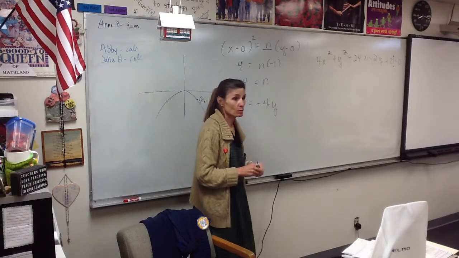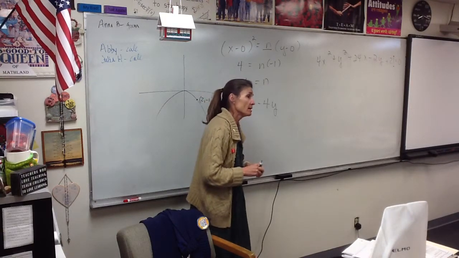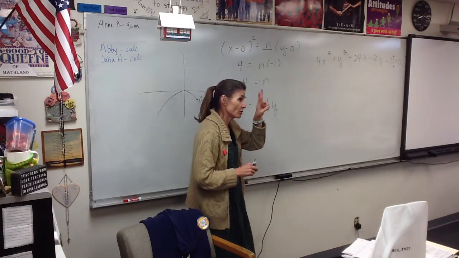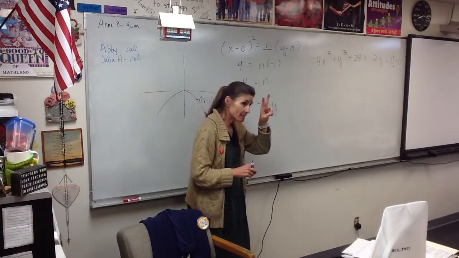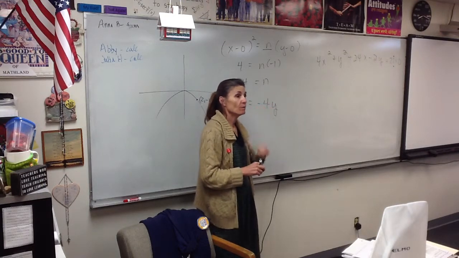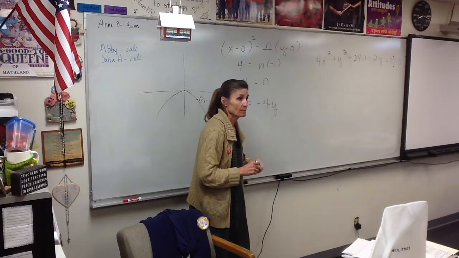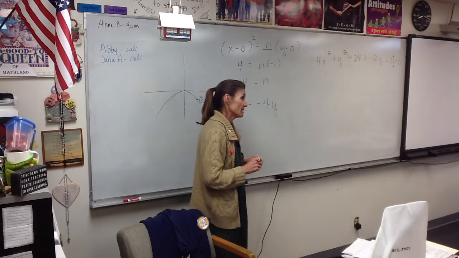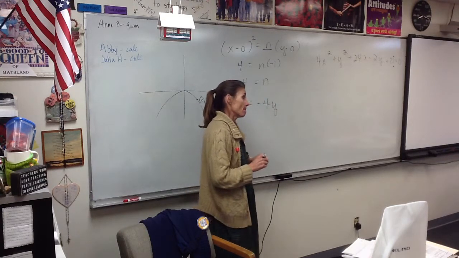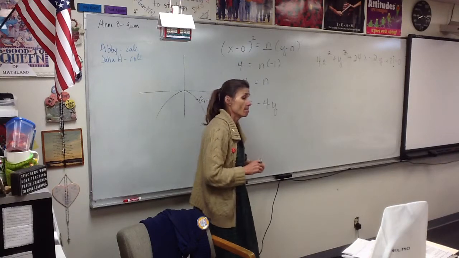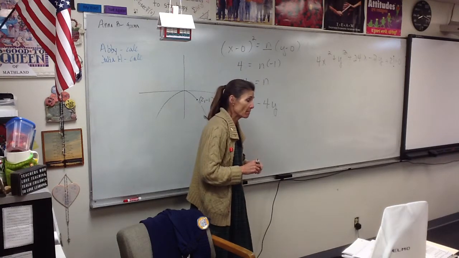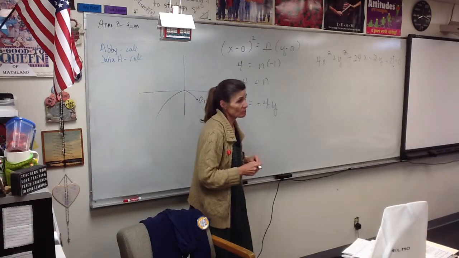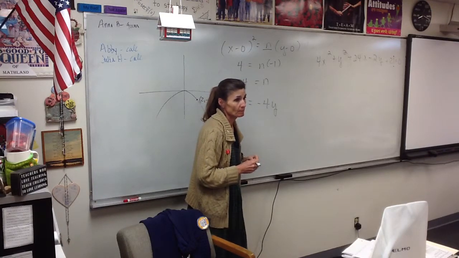Let's go through that one more time to refresh our memories. We know it's an ellipse because there's two squared terms. They're added together and their coefficients are different. If we only had one squared term, we'd have a parabola.